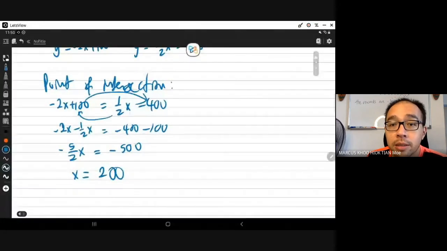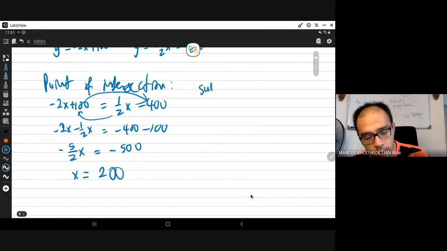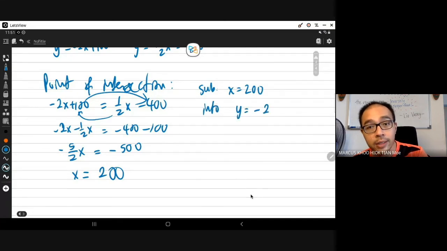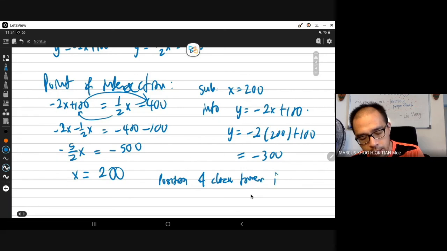You should be able to get x equals 200. Once you get x equals 200, then you substitute it into whichever one. I'm going to use the first one, negative 2x plus 100. So I'll get y equals negative 2 times 200 plus 100. I will get negative 300. So the position of the clock tower is at 200 and negative 300.